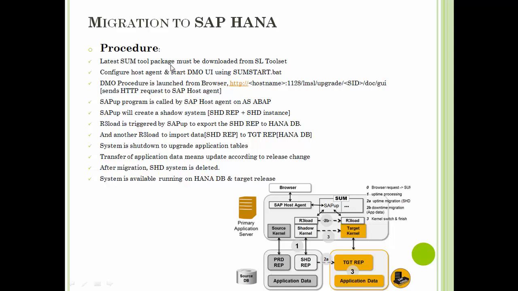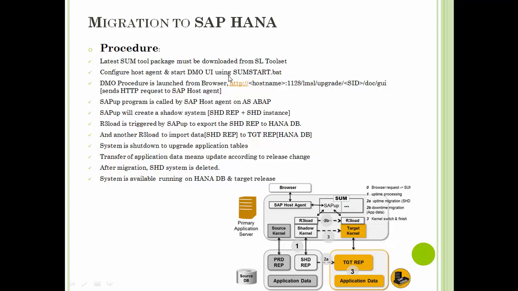Now, once the latest SUM tool package is downloaded, we have to unpack it in a location. And then next is we have to configure the host agent. So no doubt as a prerequisite, we have installed the latest host agent version. And we have to configure the DMO user interface for running with sumstart.bat.